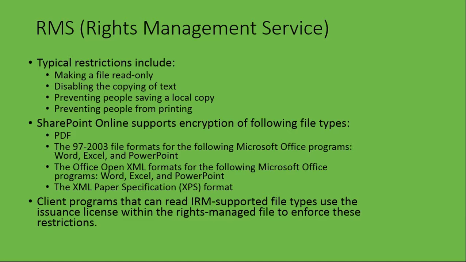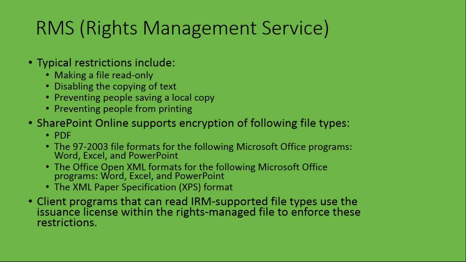With RMS, it also disables copying the text of the document. You cannot do Control C, Control V in some other file. You can also prevent people from saving a local copy of this document. And we can prevent people from printing the file so that they cannot take a hard copy of the document somewhere else.